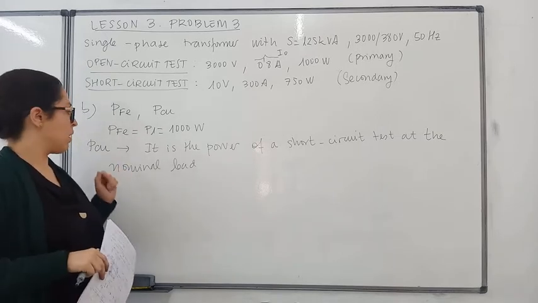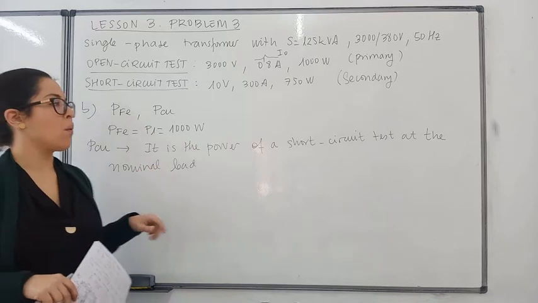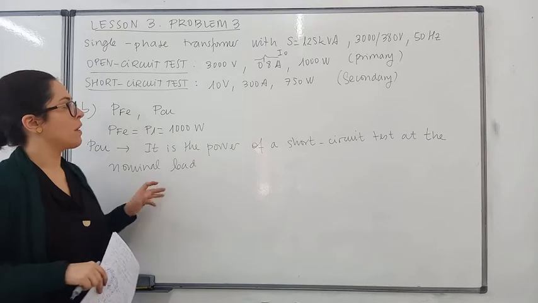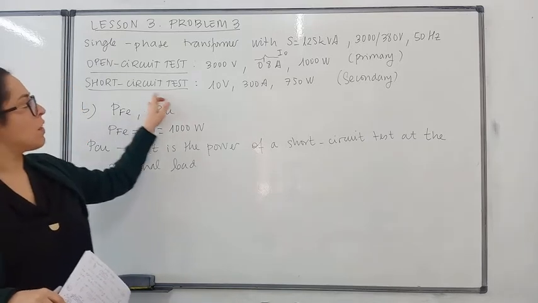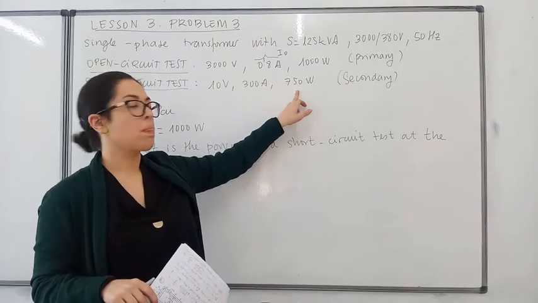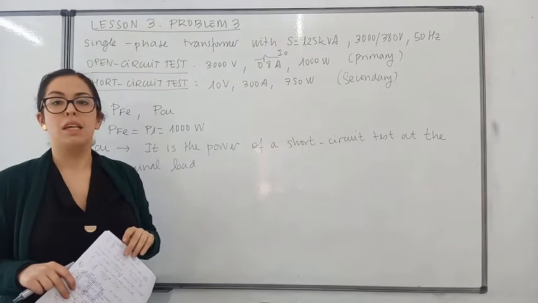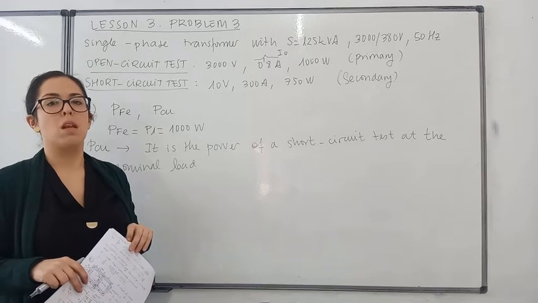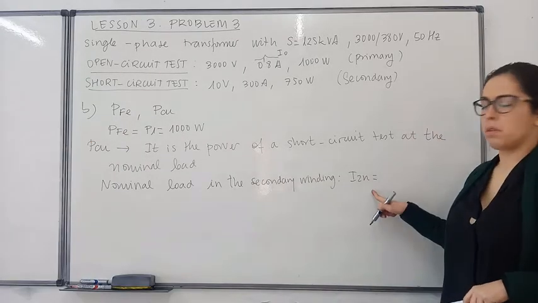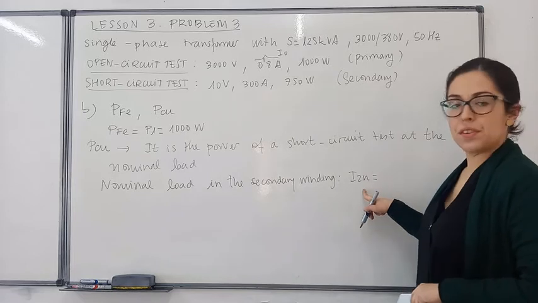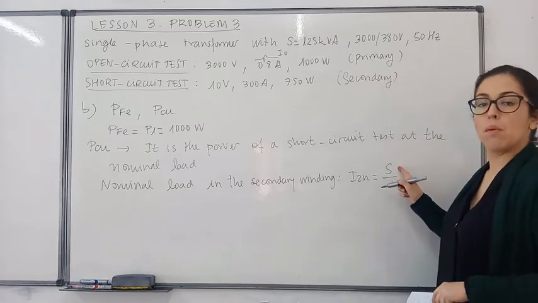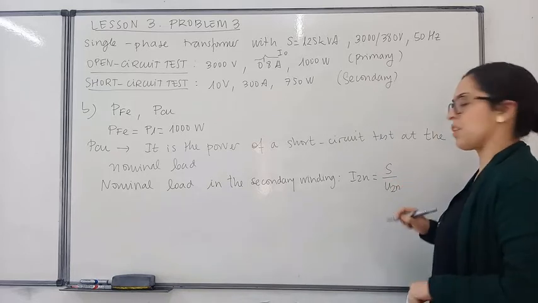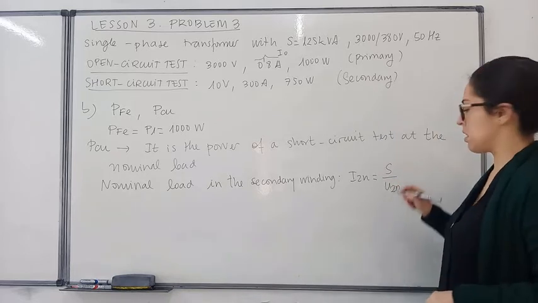The power of copper losses is defined as the power of a short circuit test at the nominal load. Here we have the short circuit test in the secondary winding, but that short circuit test is not performed at the nominal load. So what is the nominal load? The nominal load in the secondary winding is defined as the apparent power of the transformer divided by the rated voltage in the secondary winding.